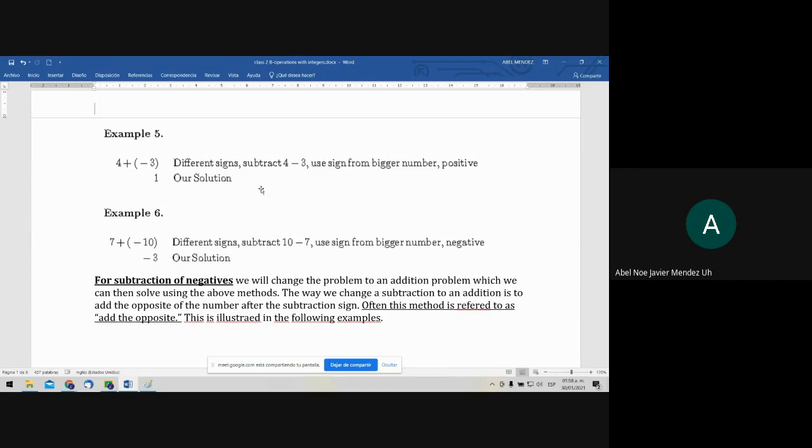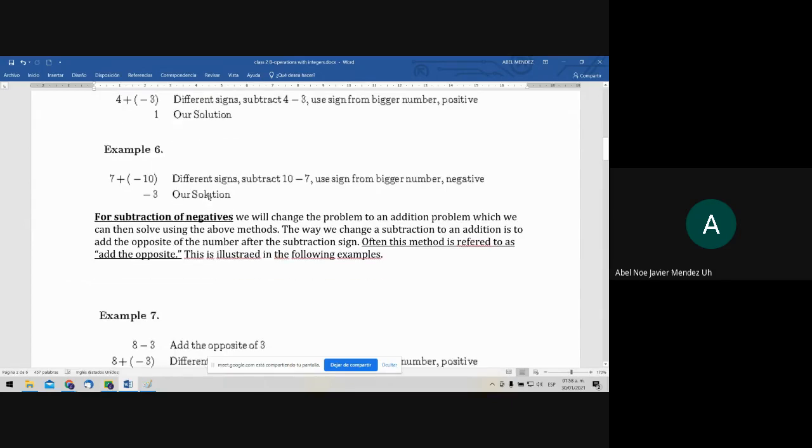We use the sign from the bigger number. Okay, the positive is our solution. 4 minus 3 equals 1, and keep the sign of the bigger number. In this case, the 4 is the bigger number. It's the same for example number 6, okay?